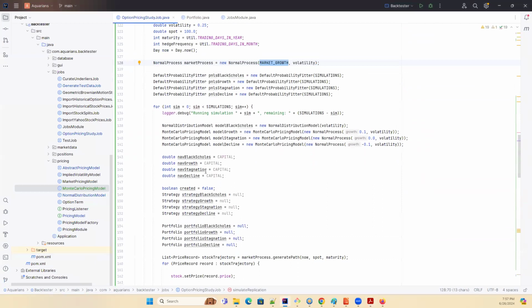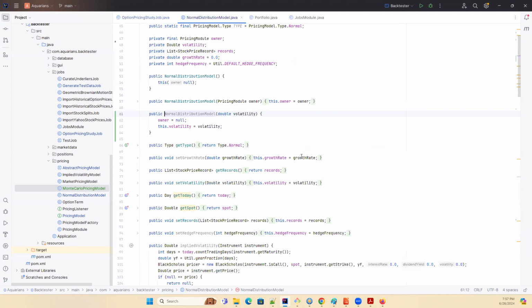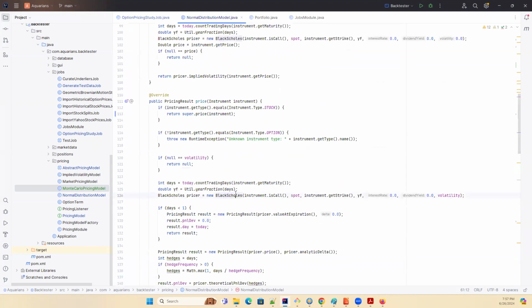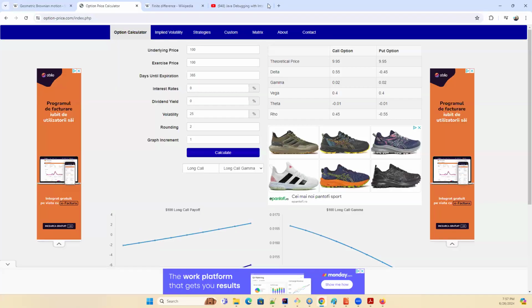So that's why we are going to study this experimentally. We are going to have several pricing models, one of them being Black-Scholes, where we are going to use the Black-Scholes pricing model, which gives the same prices as here, for instance.